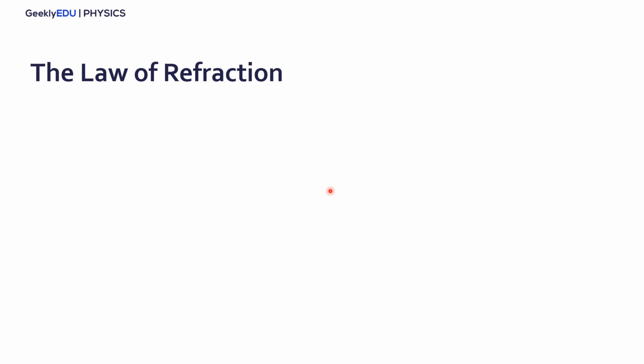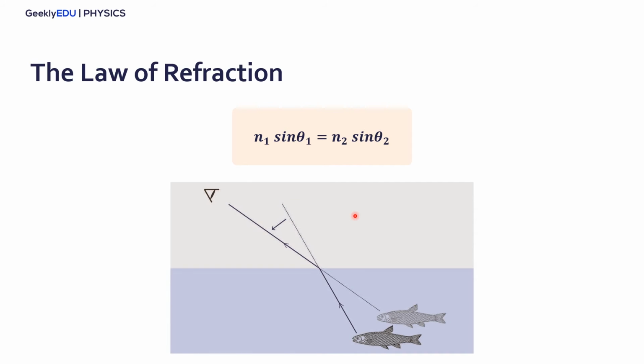So let's go through the law of refraction now. This is the expression used for the law of refraction. Let's go back to the example of the fish from before. According to the law of refraction, the index of refraction times the sine of the angle must be equal on both sides.